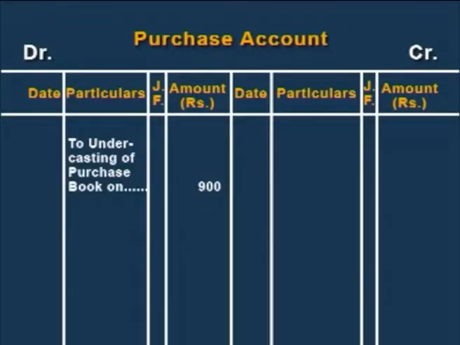Recall that during our previous lecture we understood that as the error is a totaling error and is related with a subsidiary book, it has affected one account only, purchase account. Further, I hope you remember that the effect of this error is finally transferred from purchase book to purchase account. Further, we understood that as undercasting errors decrease the total of the connected book, that ultimately results in decrease of total of connected side of related ledger account.